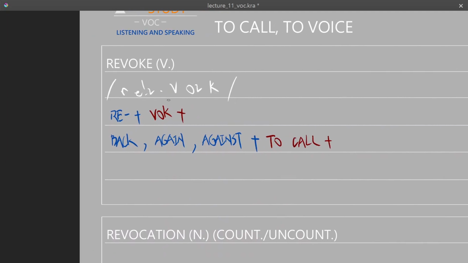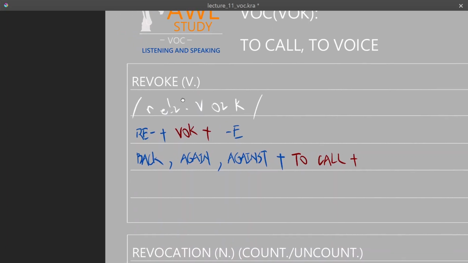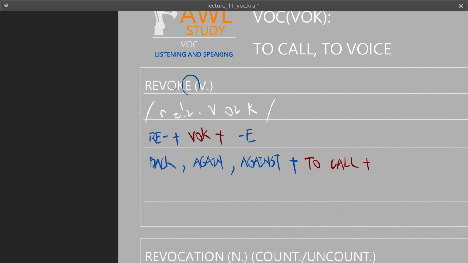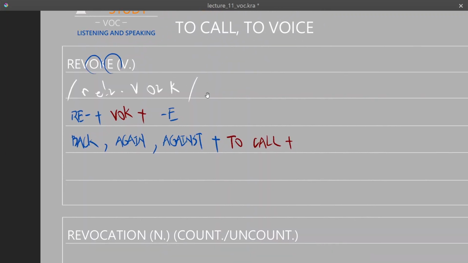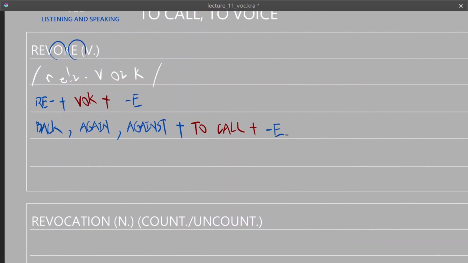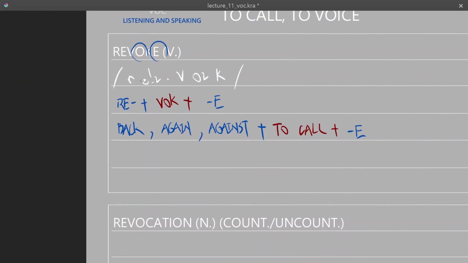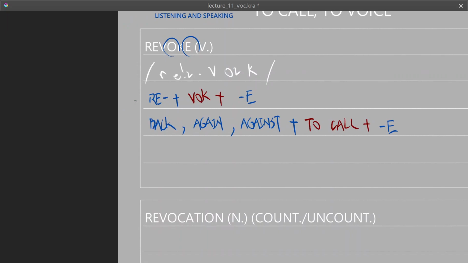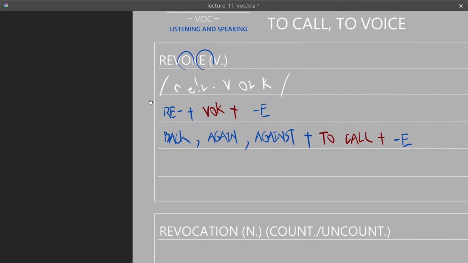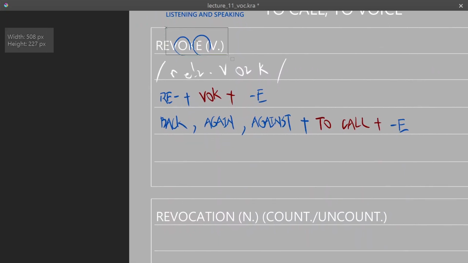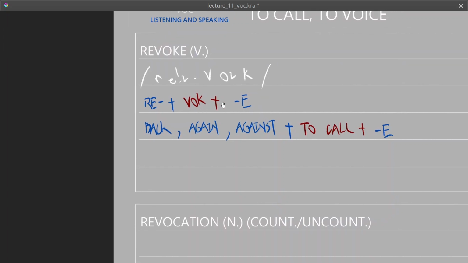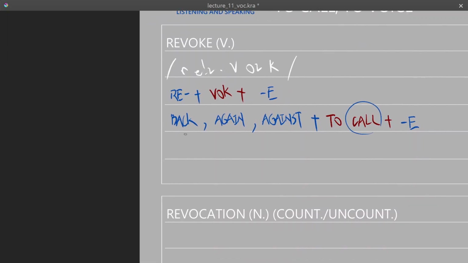And we have the silent final E. In this case, simply to make the O say its long sound, so silent final E, or the second sound of A-O-U. Alright, so revoke literally means what? It means to call something back.